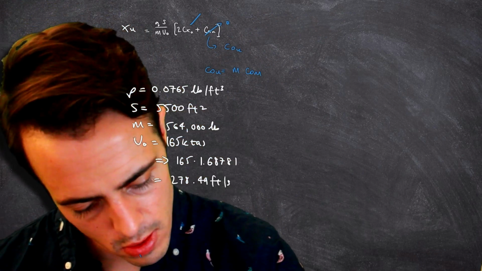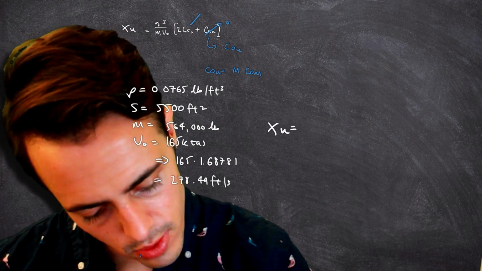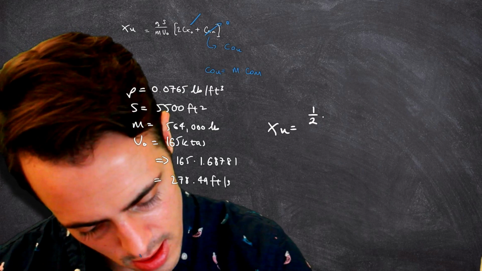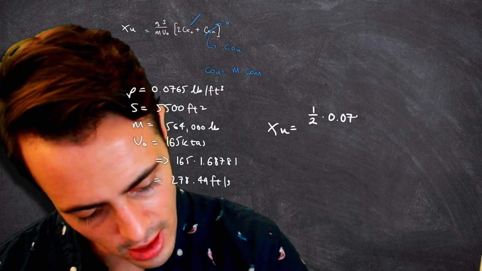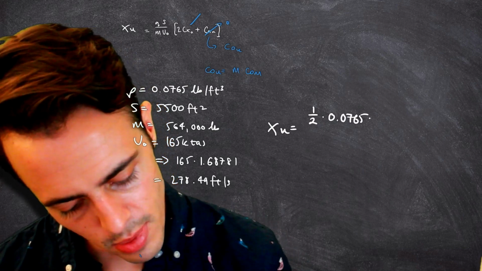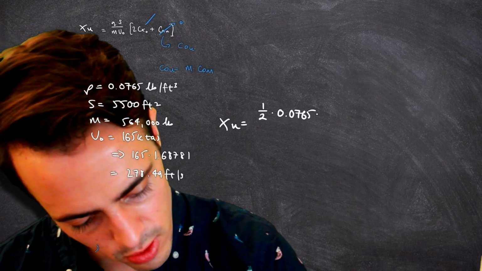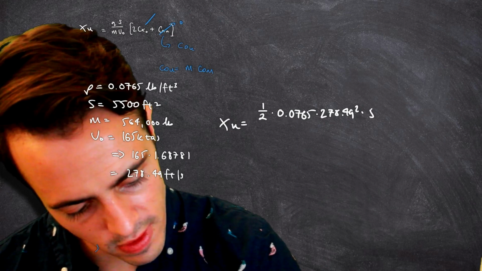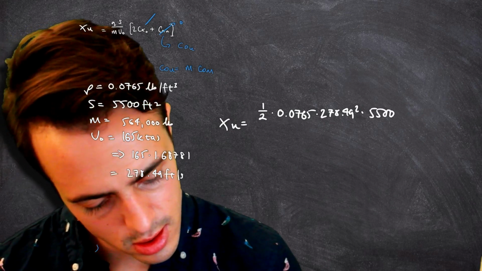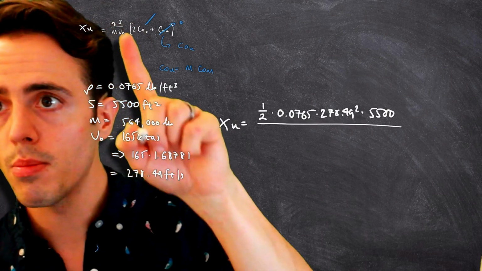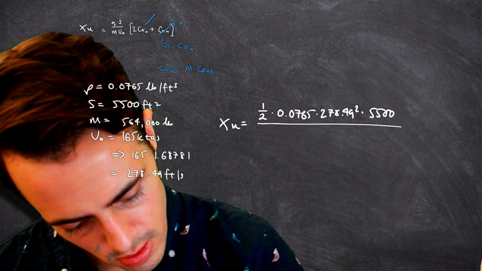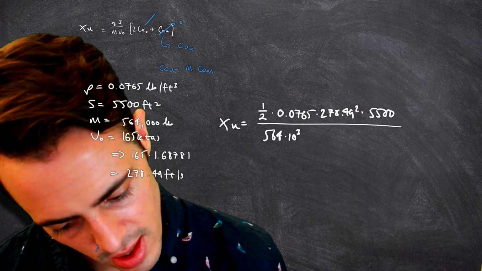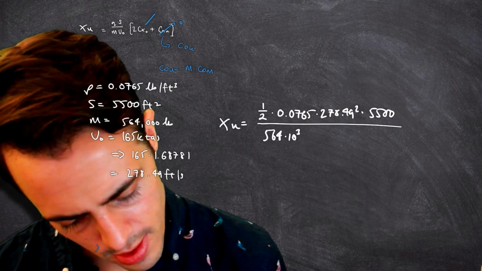So we can put all of these together to get our XU term here. So XU is equal to a half multiplied by the density, 0.0765, multiplied by 278.49 squared, multiplied by 5,500, divided by the mass, so 564 times 10 to the 3, multiplied by the forward speed again.